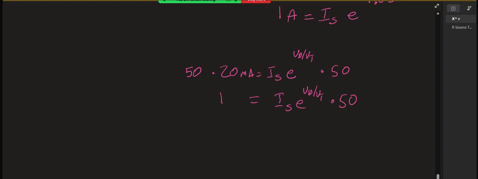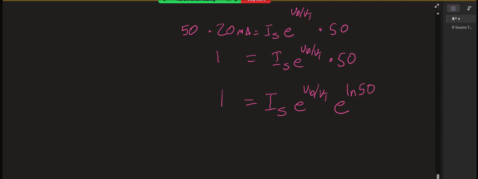And then, in order to get this to a way that we can solve it, we're going to get this 50 up into the exponent up here with the VD and the VT. The only way to get that up there is to rewrite it as e to the natural log of 50.